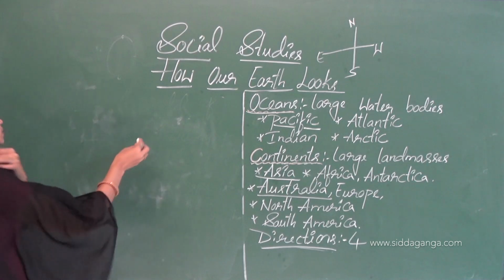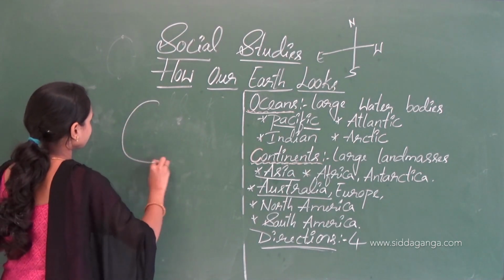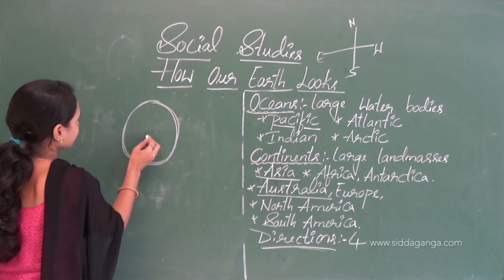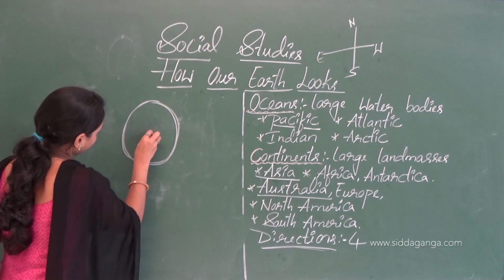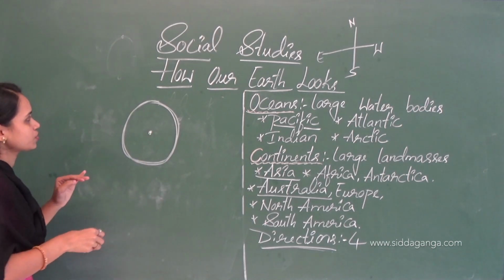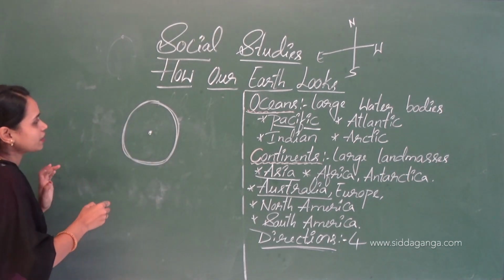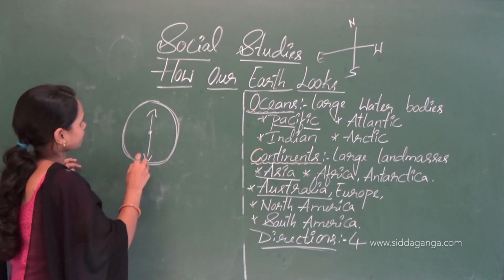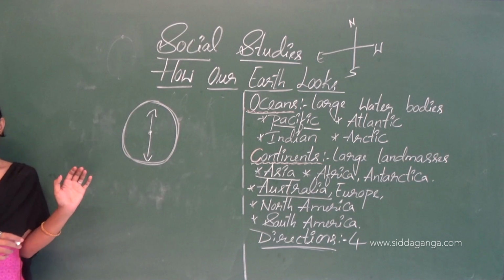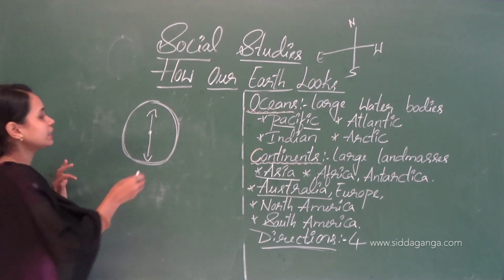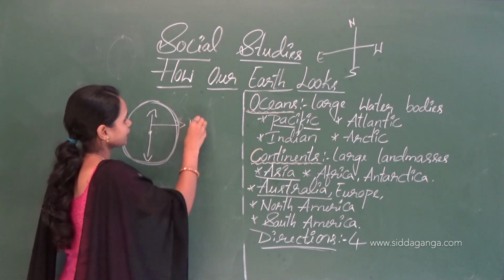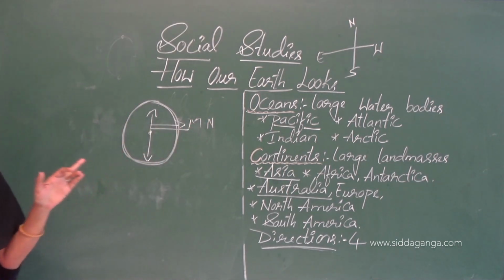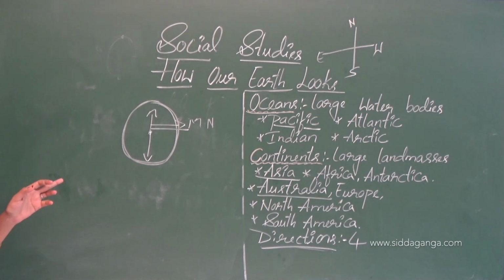Here, the compass is like a watch. This is the center point. It has a magnetic needle.